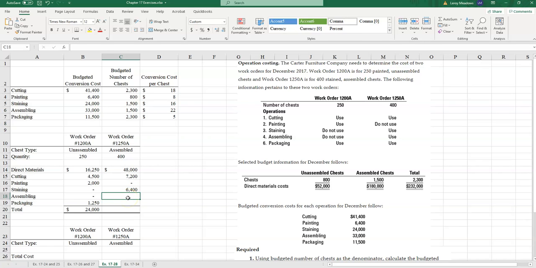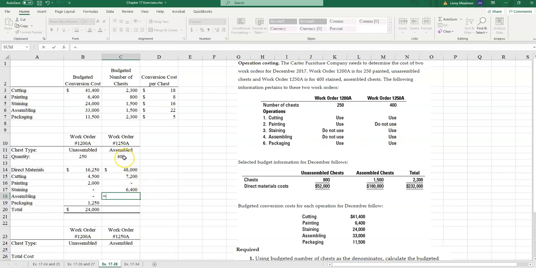Now let's take a look at assembly. Well, if these chests are going to be assembled, then it stands to reason I'm going to incur assembly costs. So in fact, we look over here, and the assembling of chests we will use for work order 1250A.